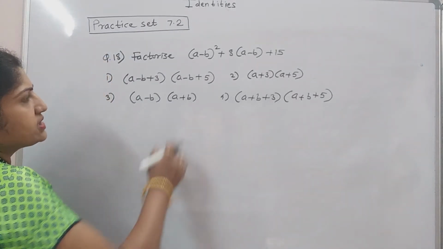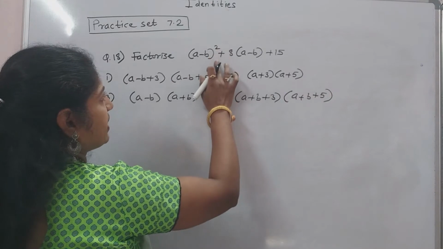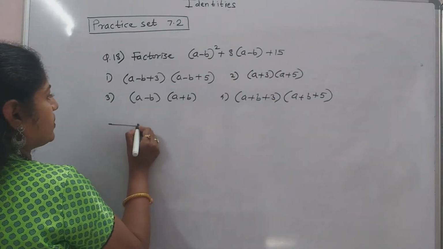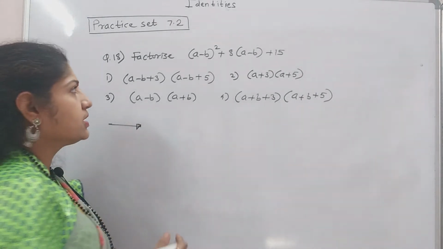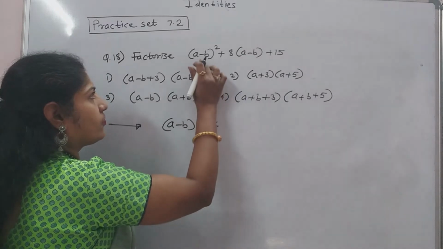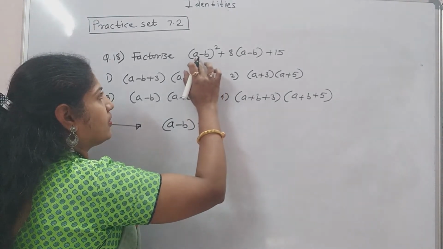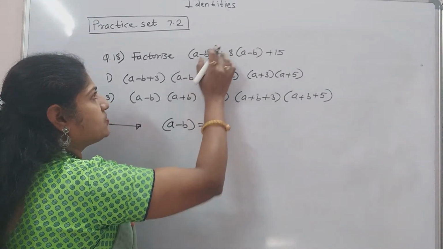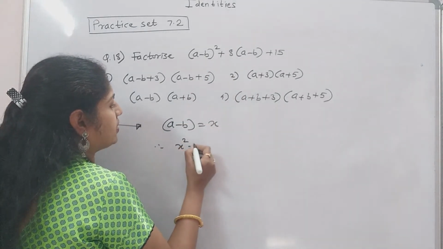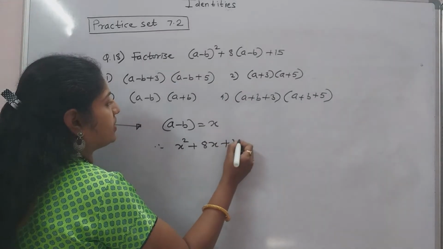Next is factorize this one: (a minus b) square plus 8 into (a minus b) plus 15. For our convenience, for an easy method, put a minus b equal to x. So this equation becomes x square plus 8x plus 15.